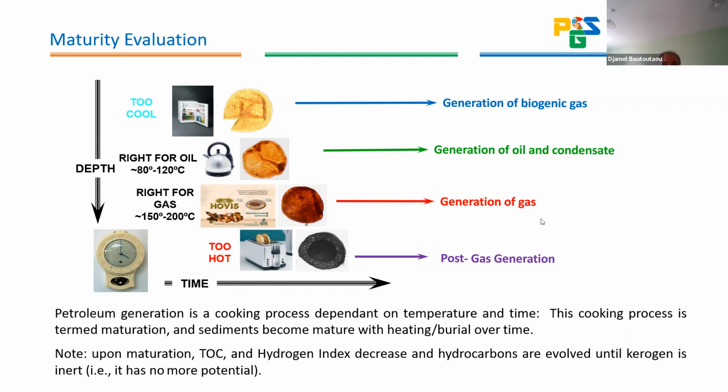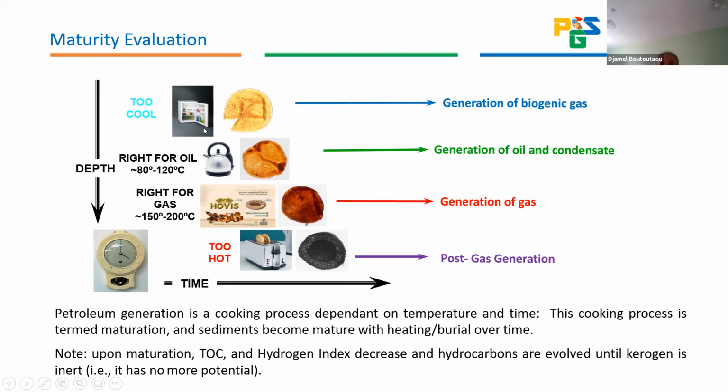So what is maturity? Maturity is the heat, with the depth and with the time. When you bury your source rock, temperature increases, pressure also increases, and you need the time. I mean, geology is in geological time, so you need a really long time to cook your source rock.